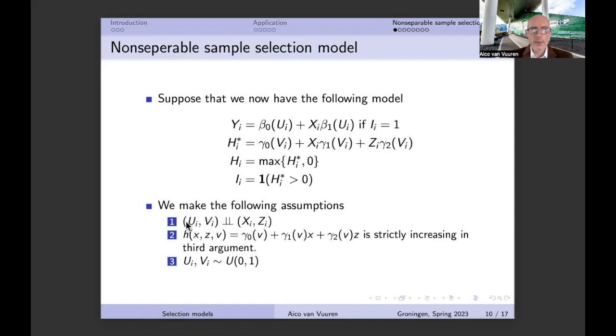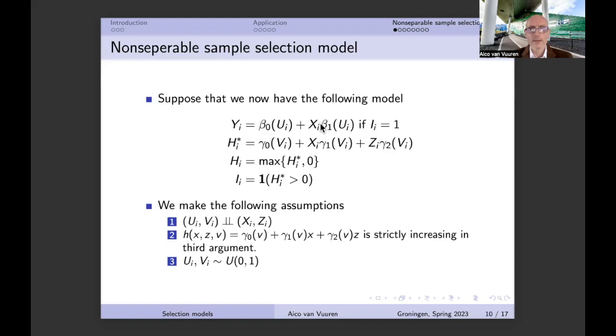Well, the first assumption that we have over here implies of course that if we would have been able to observe everybody, so if I would have been equal to 1 for everybody, then we would have been able to just run a standard quantile regression analysis of yi on this xi in order to estimate beta 0(u) and beta 1(u).